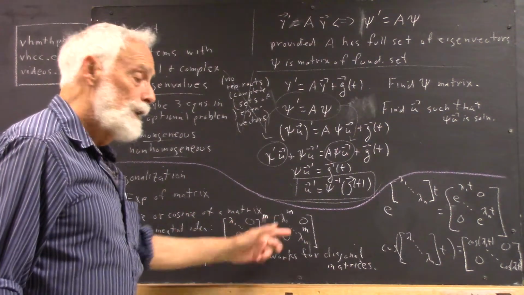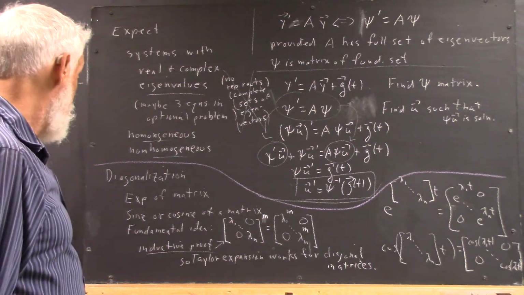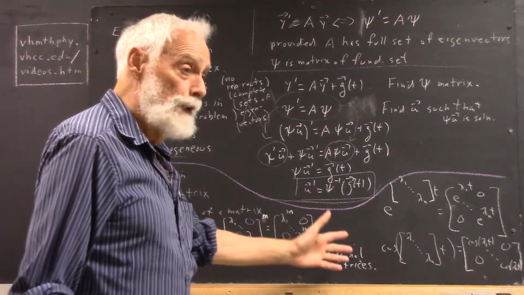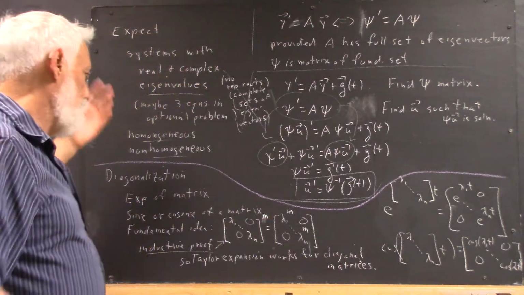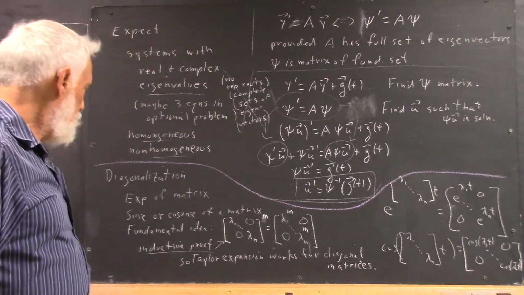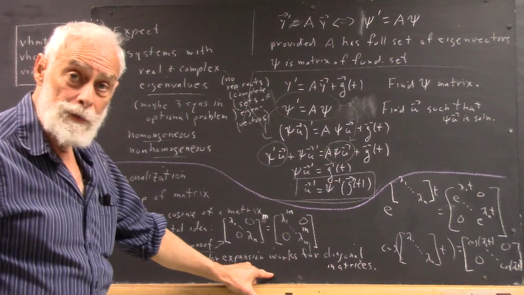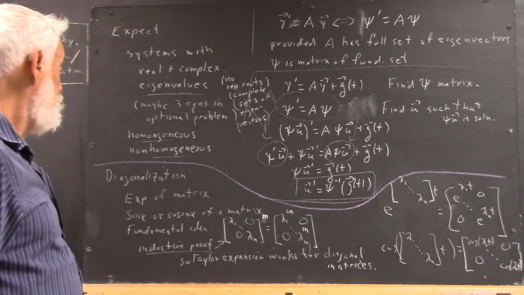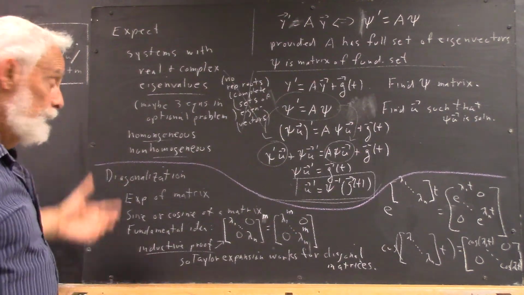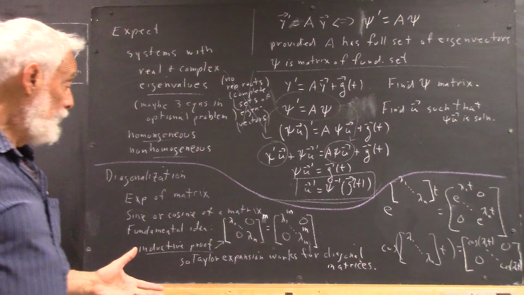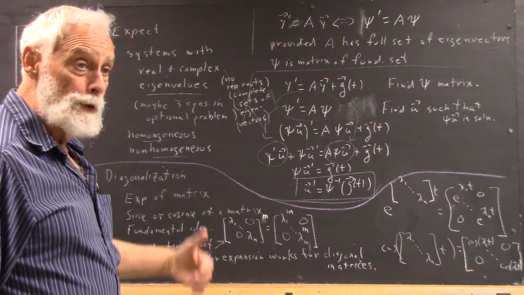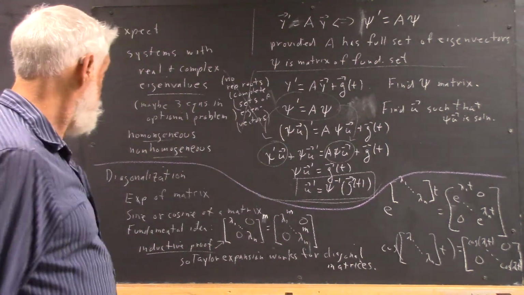Now, since that's the case, you can do a sum of nth powers, meaning you can do the Taylor expansion of any function, because the Taylor expansion is just an expansion in powers of your variable.